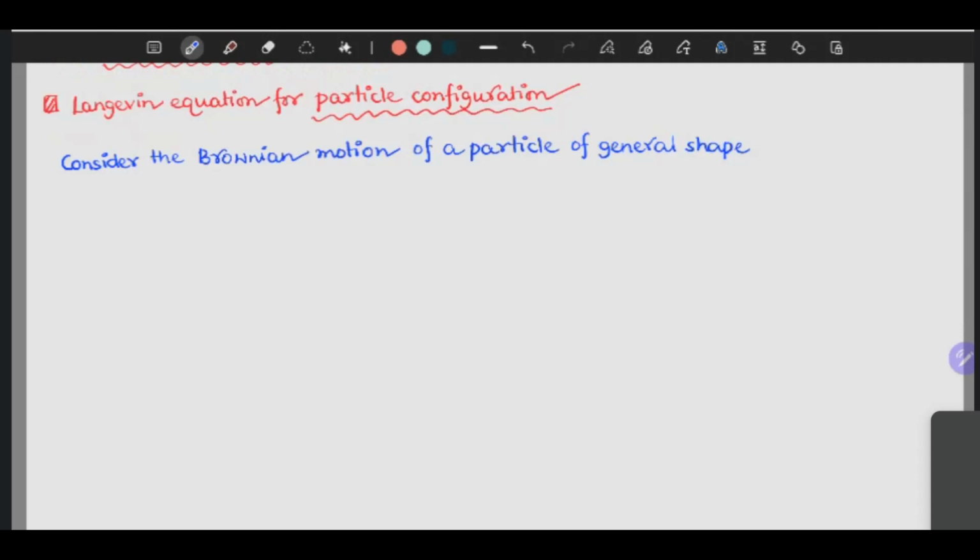Okay, so we are talking about general shape. Let's say rod shaped, or collection of those things.